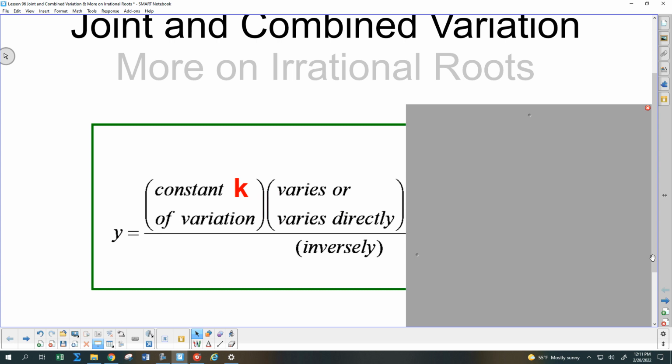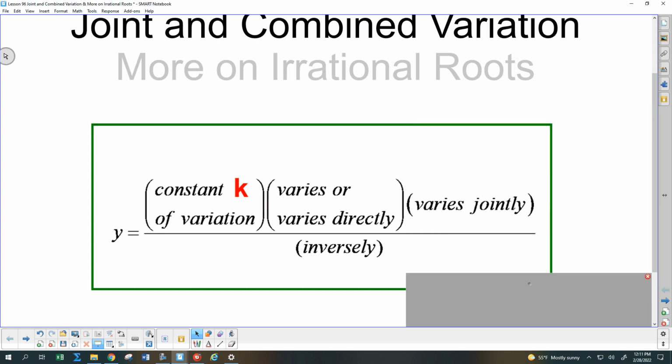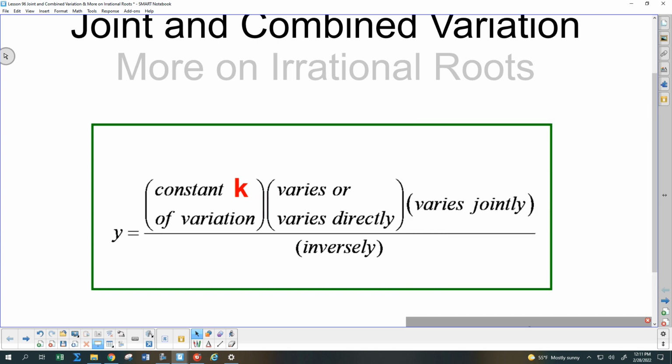The only part that's different is they may say today it varies jointly as a and b. And then we'd put y equals k, and we'd have a times b up here in the numerator. If it's joint, we'll put them both in the numerator. Or maybe it says it varies directly as c and inversely as d.